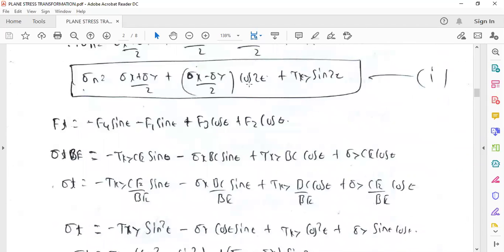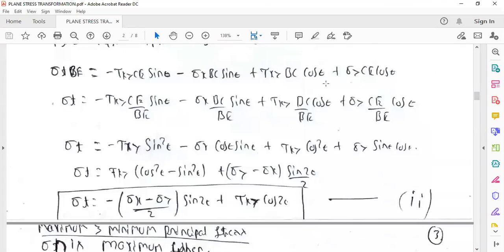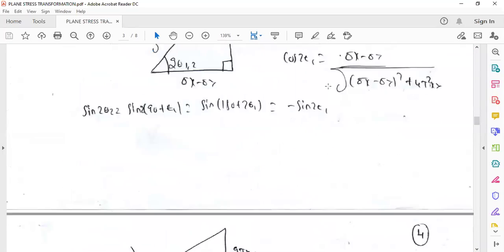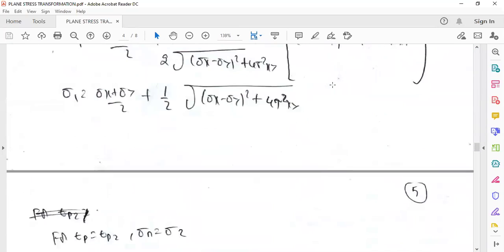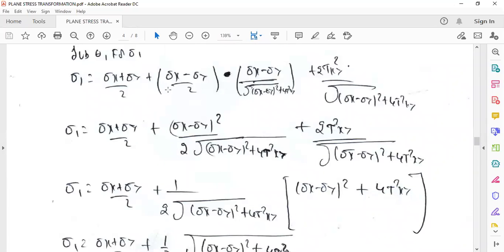If I substitute cos 2 theta and sin 2 theta here, then this will be sigma x plus sigma y by 2, and there is no negative sign here, plus half of sigma x minus sigma y over root of sigma x minus sigma y whole square plus 4 tau xy square. If I simplify this, we get the sigma x minus sigma y whole square term and the 2 tau xy square term.